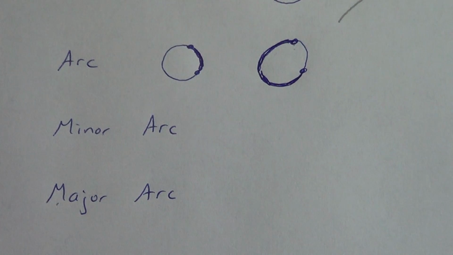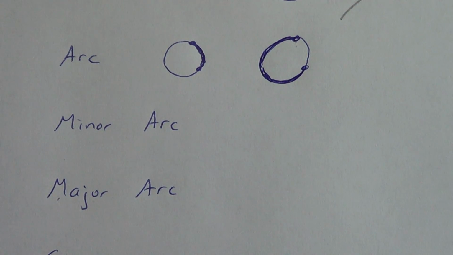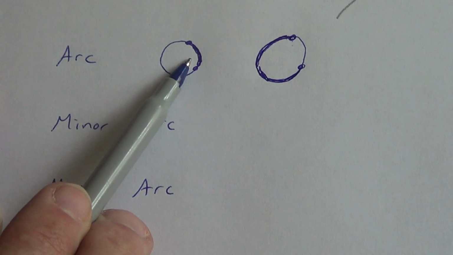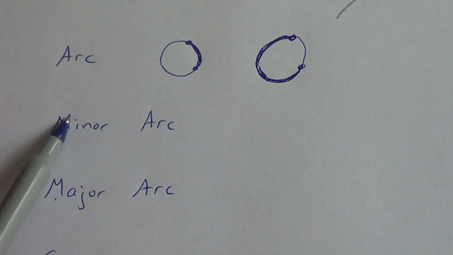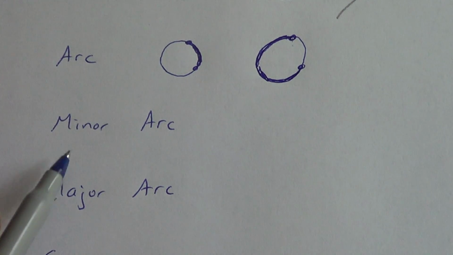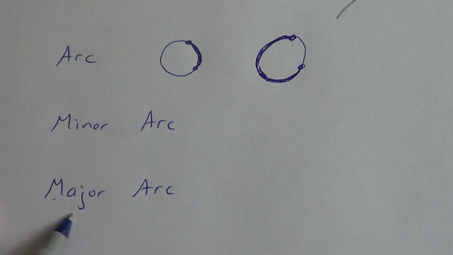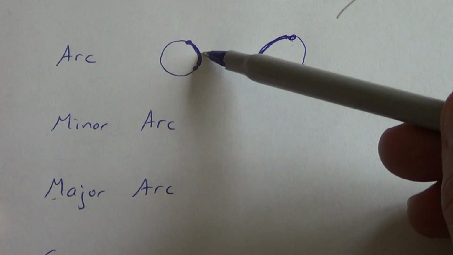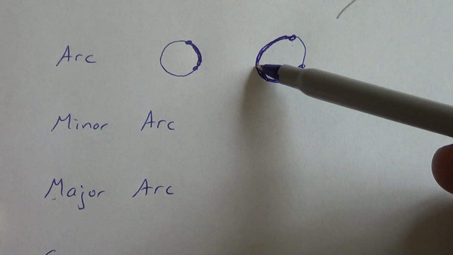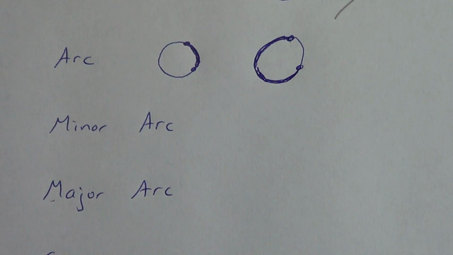Okay, so what's a minor arc? Well, I actually already drew it. This one up here is a minor arc. Minor kind of has the idea of not as important, major more important, and in this case it's more of a smaller and bigger idea. So this is a minor arc, and this is going to be a major arc. A minor arc is an arc that is less than half of the circle.